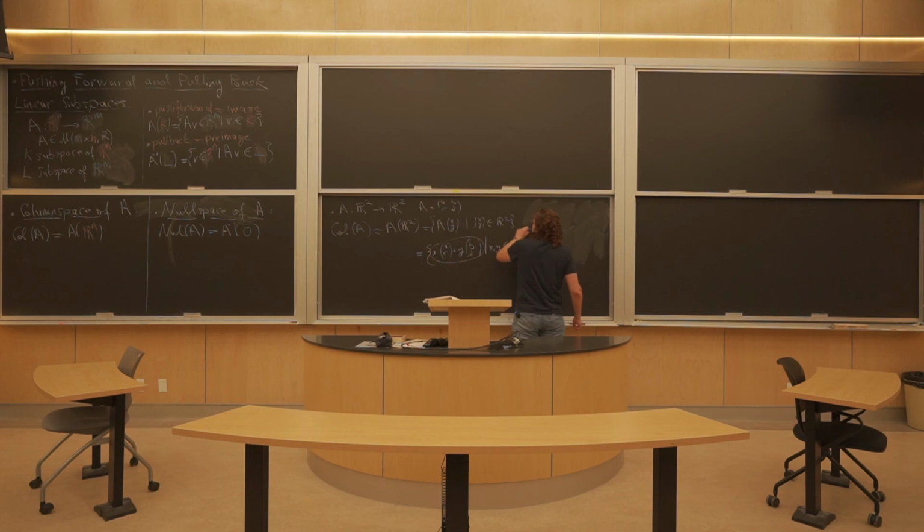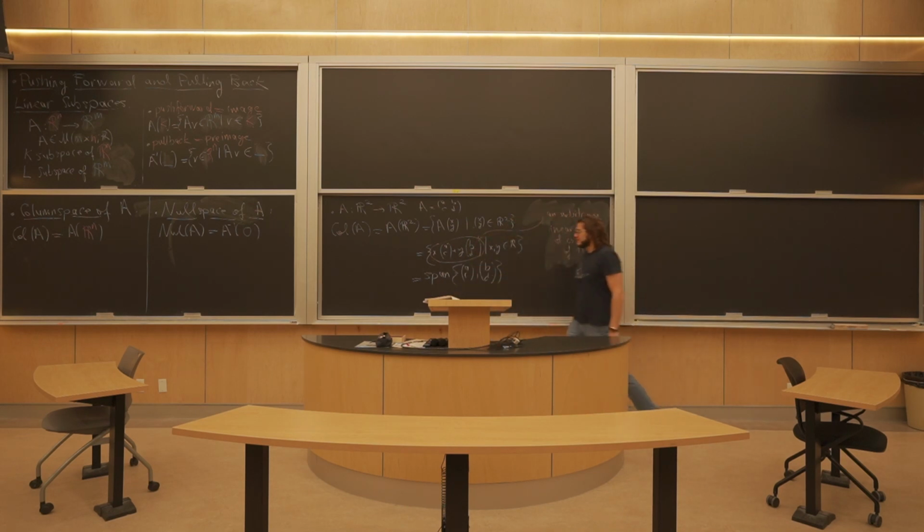So this is an arbitrary linear combination of columns of A. And this is really the span of the columns of A. Okay?